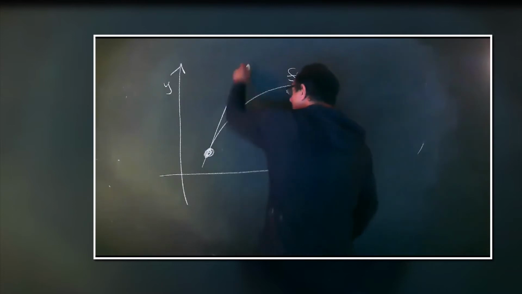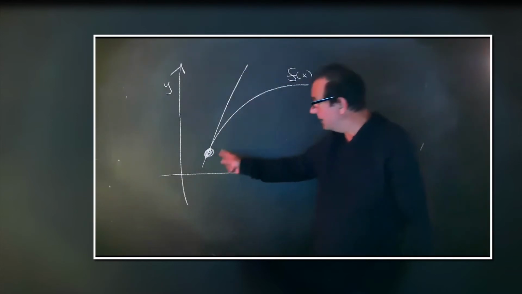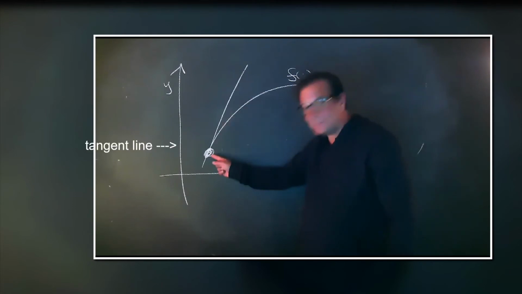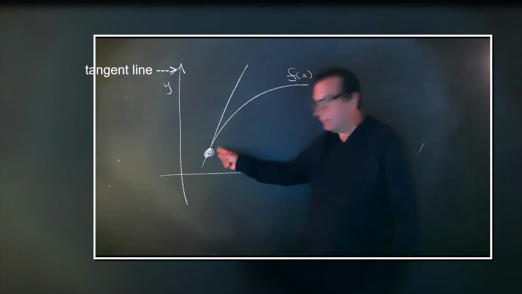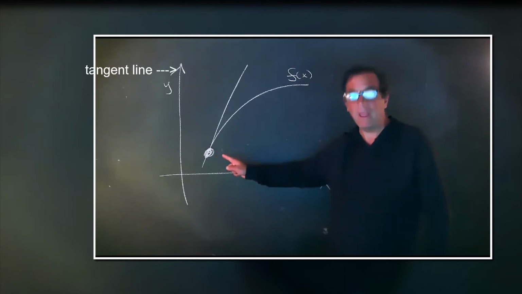So there, I've produced a line that hits the curve at a point, and this line is the best approximation to the curve at this particular point. So getting the slope of this line, we can use the slope of that line to then define the slope of the curve at that point.